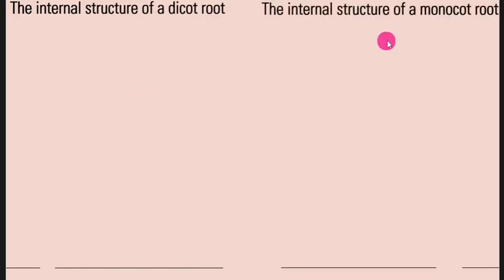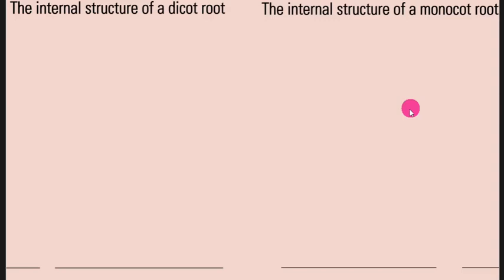So now we are going to look at the internal structure of a dicot root, like a root of a bean plant, and also the internal structure of a monocot root. A monocot root, like maize, when you soak it and peel the outer part, you'll find that it is not going to divide into two.